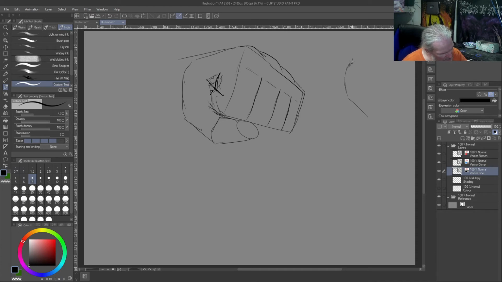The first finger has a certain width. And then the next finger is going to have less width because of the perspective. And then the next one is going to have less width still. So they have to get narrower and narrower as they go.